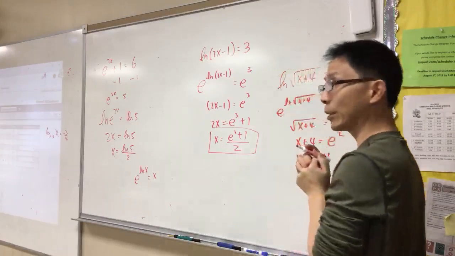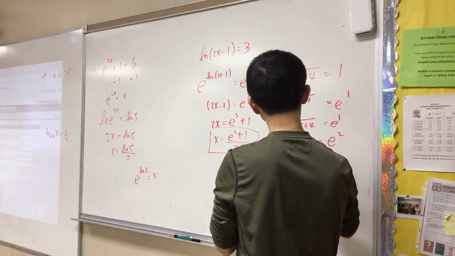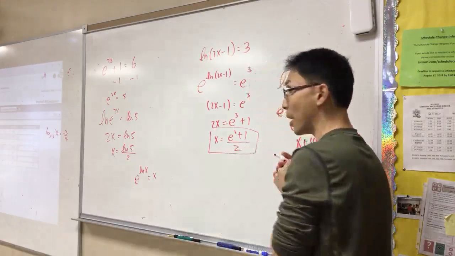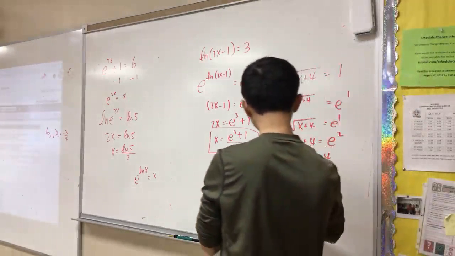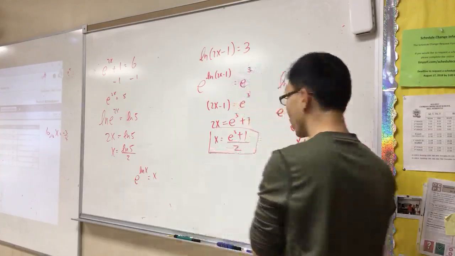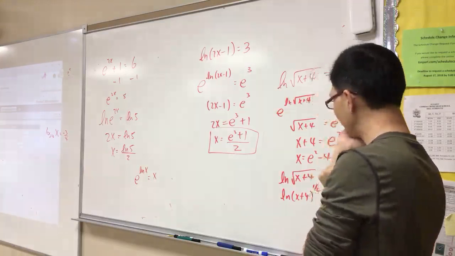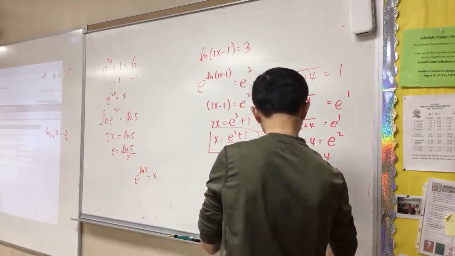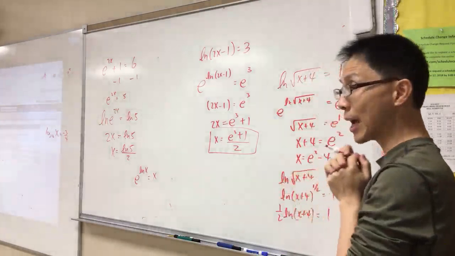Now let's use a different way to approach this problem. Natural log of square root of x plus 4. What's a different way to approach this problem? I do that to the 1/2 power. 1/2 power, good. So it'll be natural log of x plus 4 to the 1/2 power is equal to 1. So you put 1/2 in the front, right? Now I cannot e to the both sides.